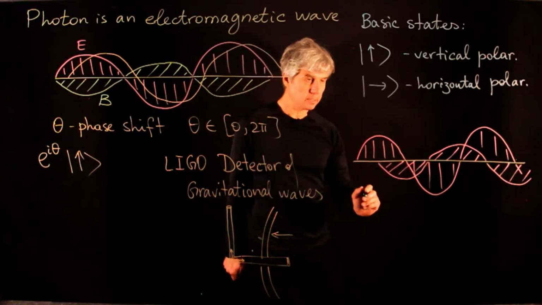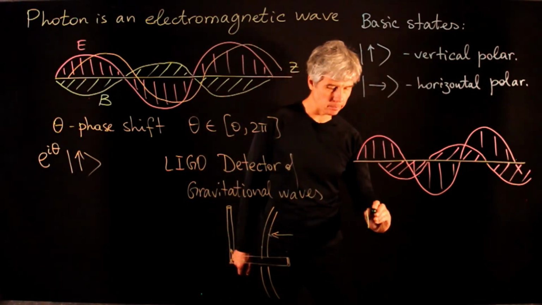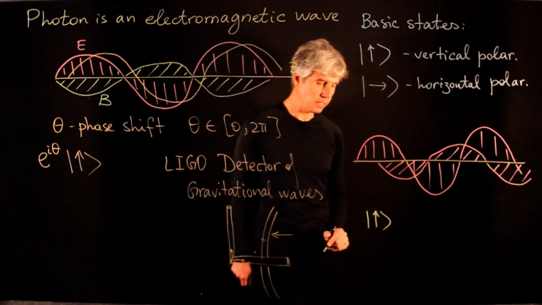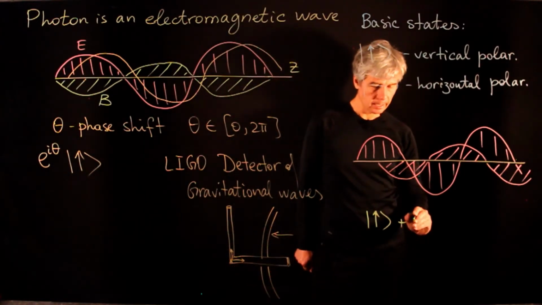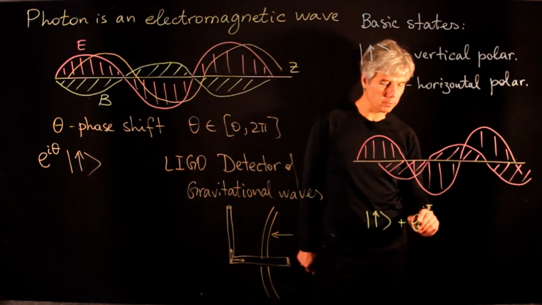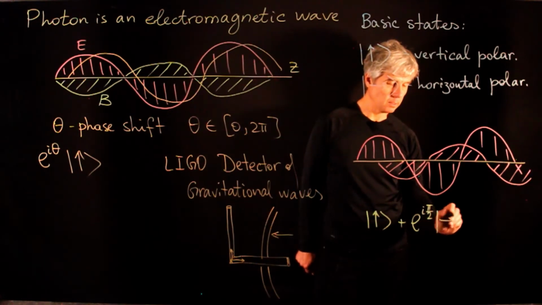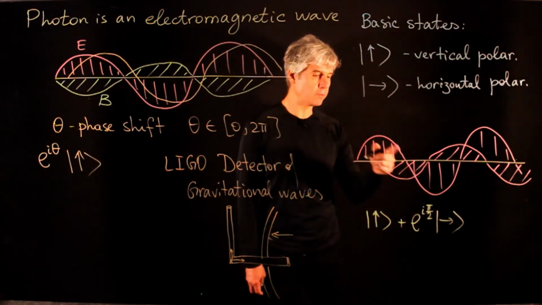Now, let us consider the following superposition of a vertical and horizontal polarization state. I will take a vertical polarization state and add to it a phase-shifted horizontal polarization state, and I will make a phase shift by 90 degrees. So here is the resulting wave, which is depicted.